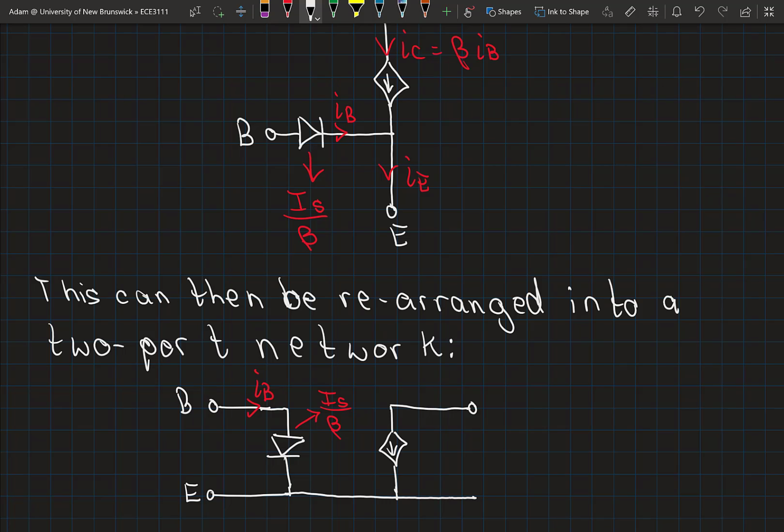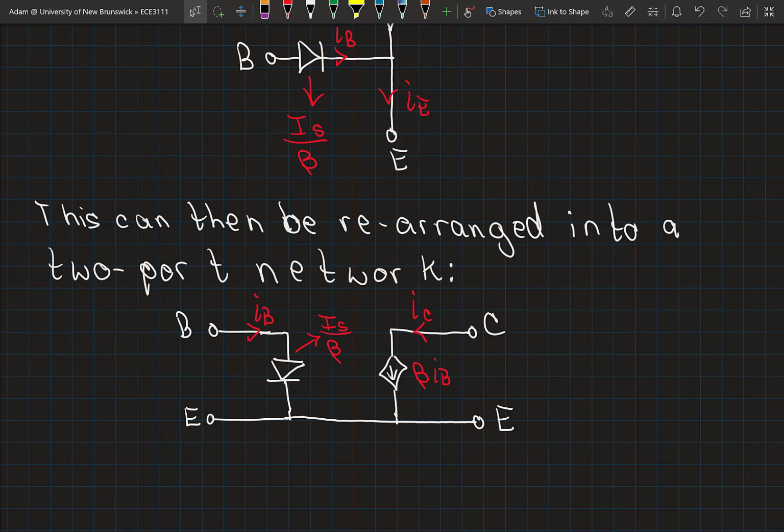I have an output circuit that is the controlled current source between the collector and the emitter, and that current source is a function of our base current. It's in fact our base current times beta.